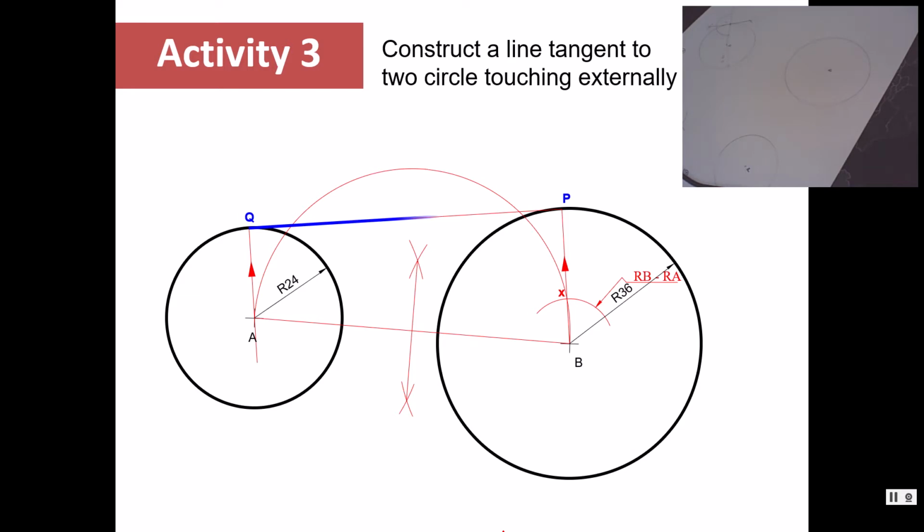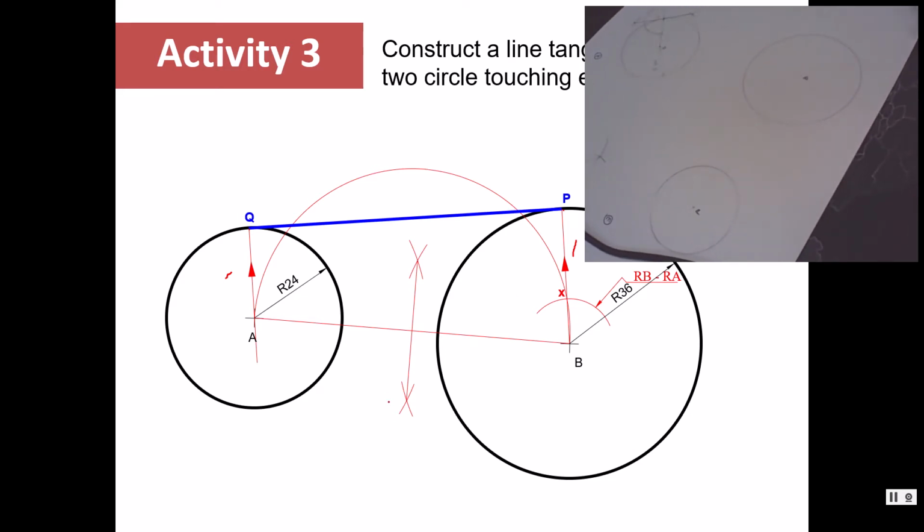You need to draw a straight line from B passing through X to the circle line. And then after that, you should have a parallel line in circle A, so that you're going to get the points Q and P here as the tangent points, and then just draw a straight line. It's okay, we can do it together.